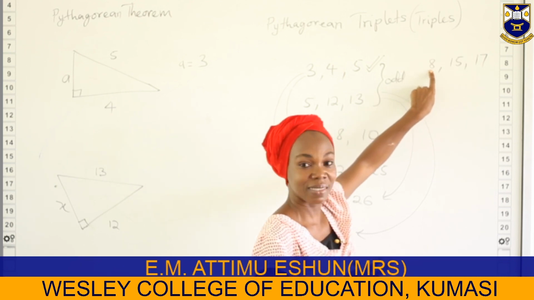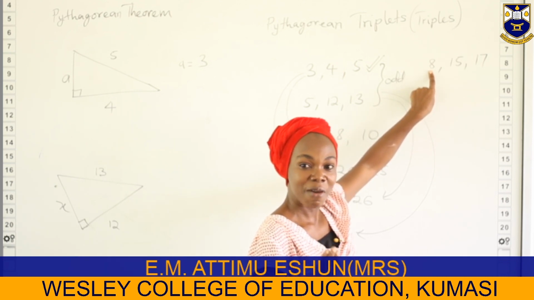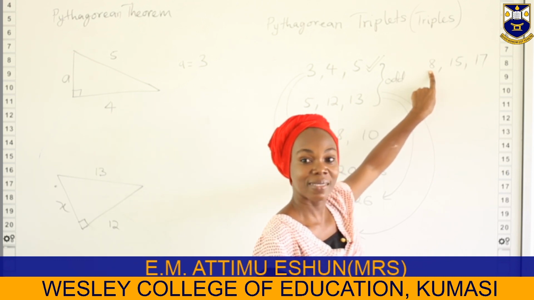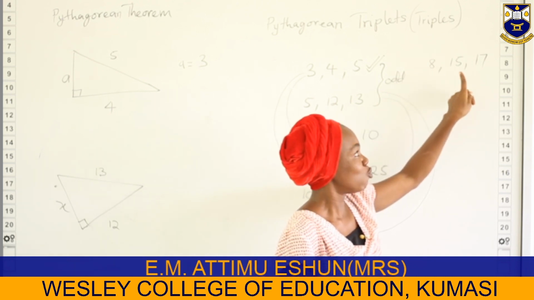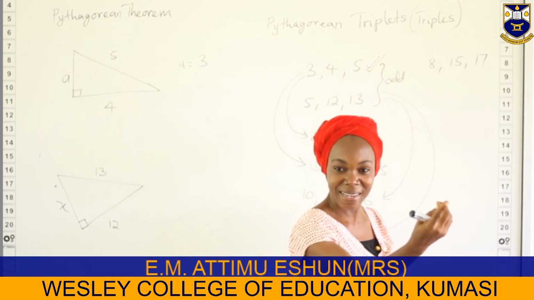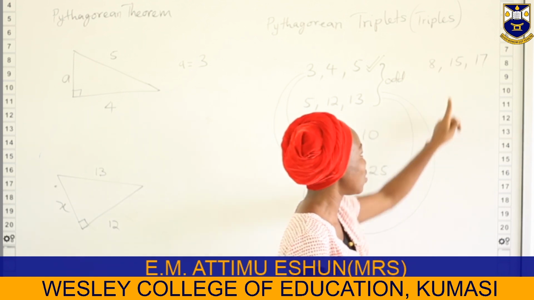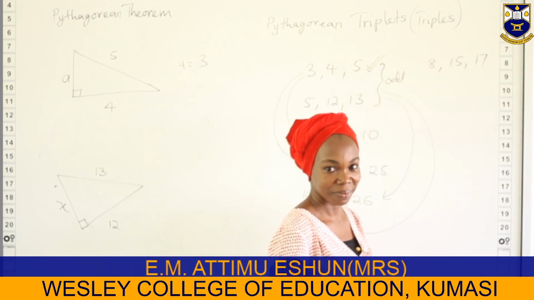So we have 8 divided by 2 giving us 4. Square the number 4. You will get 16. To get the other two numbers, take a number 1 less than the 16 and 1 more than the 16. And that gives you the other two numbers.